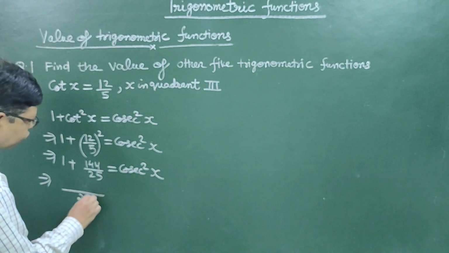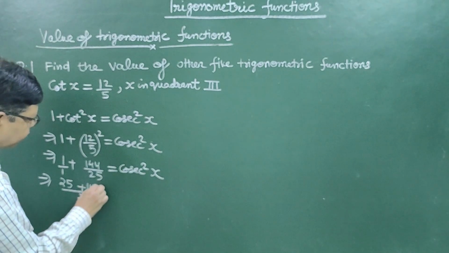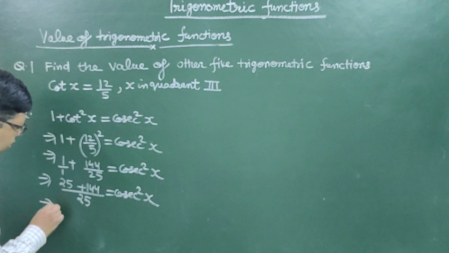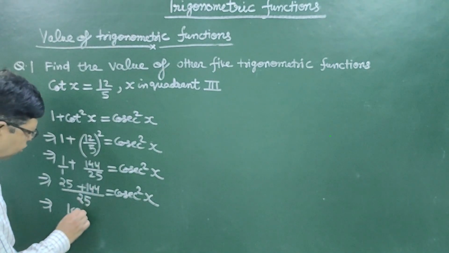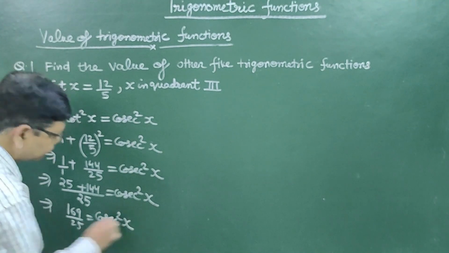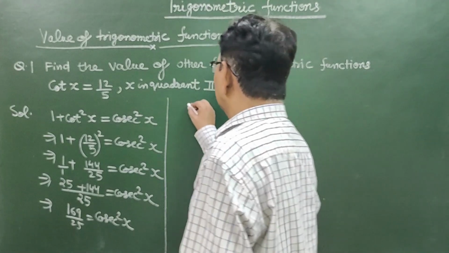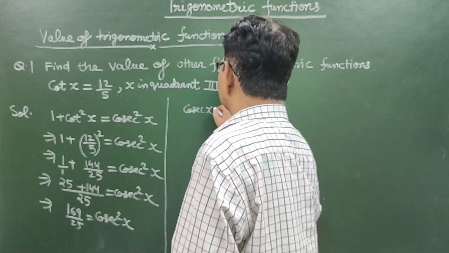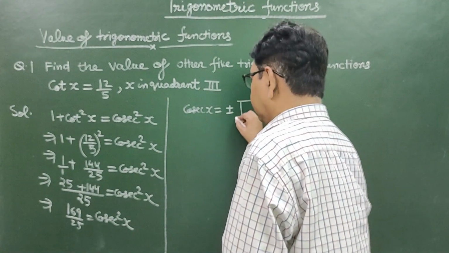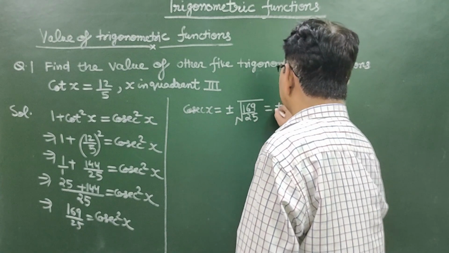Now LCM is 25. 25 plus 144 is equal to cosec square x, or 169 upon 25 is equal to cosec square x. So cosec x will be equal to plus minus under root of 169 upon 25, that is equal to plus minus 13 upon 5.